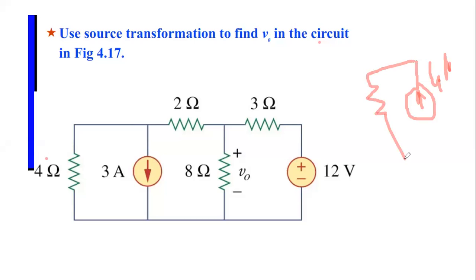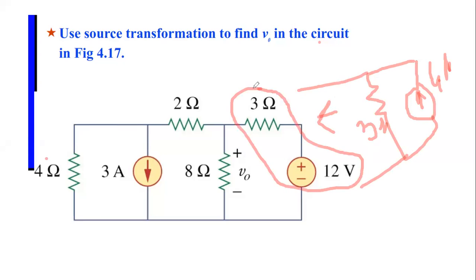The resistance will remain the same. This is important. After that comes the rest of the circuit. So please see that the 12 volt source has been converted into a current source of 4 ampere, and the resistance has come into parallel. Rest of the things will remain the same.